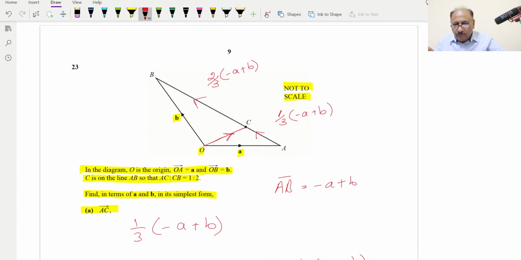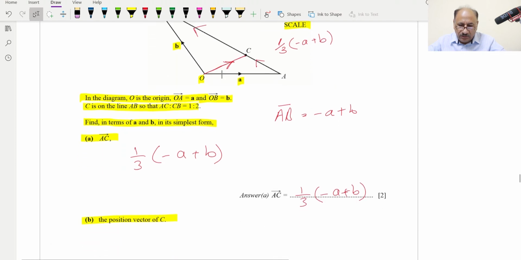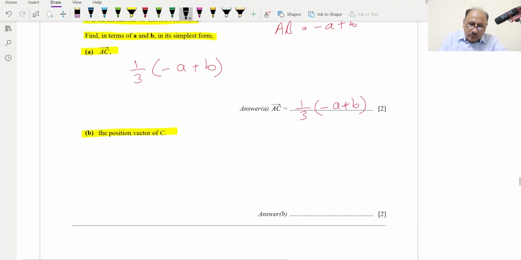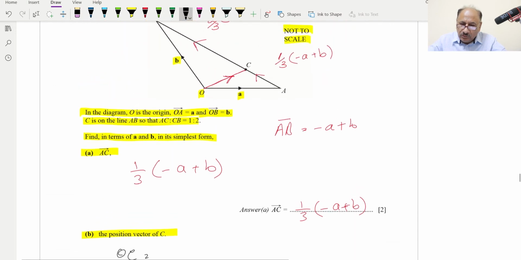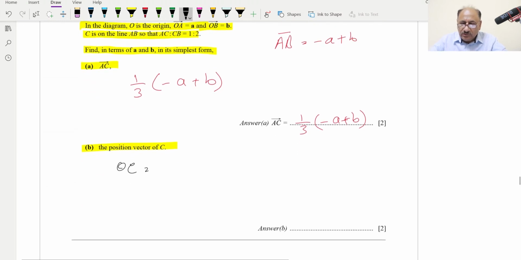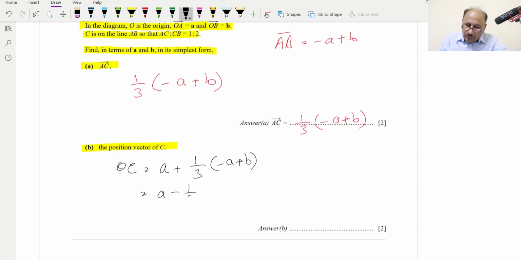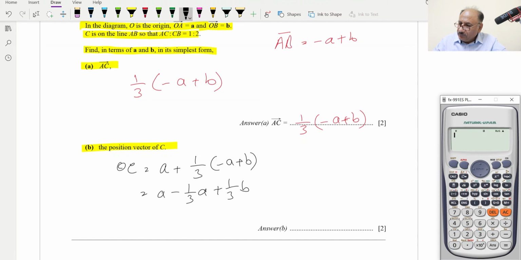So OC will be the position vector, and OC we can write as OC is equal to A plus 1/3 into minus A plus B. Now further we can open this one: A minus 1/3 A plus 1/3 B. If we subtract 1 minus 1 over 3, this will give us 2/3.